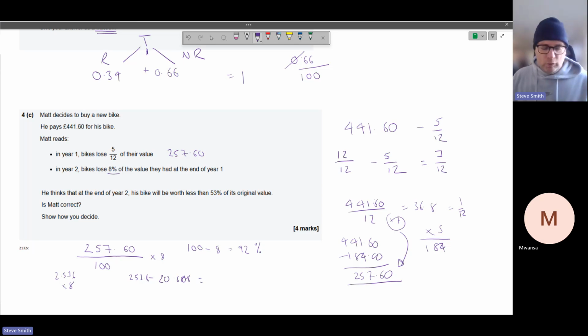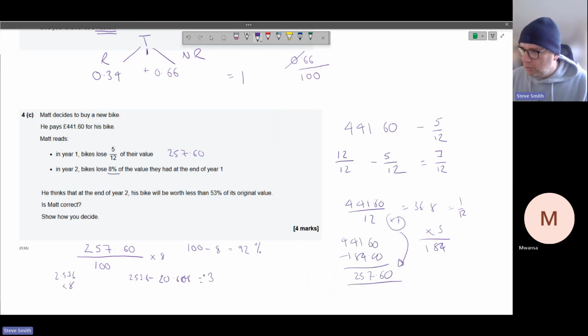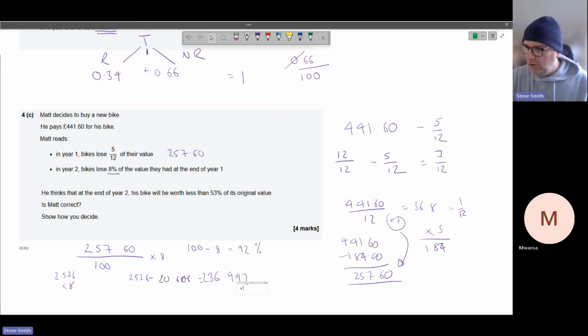So we've now got our new value. So let's take away 257.60 minus 20.608. Okay, so we've now got the value at the end of that: 236.992. That was right, 236.992.